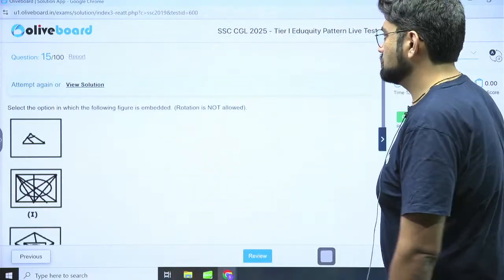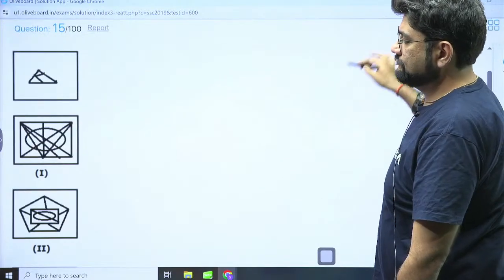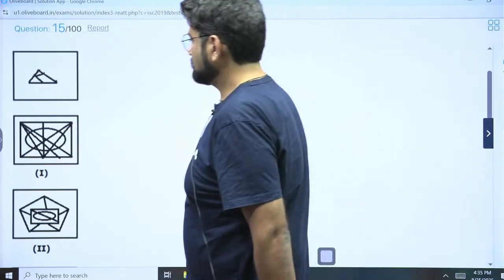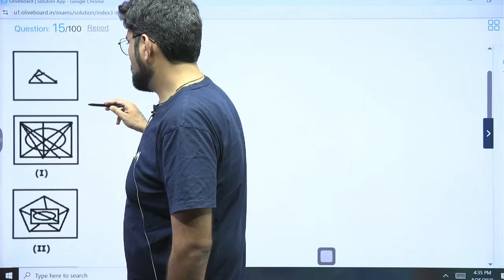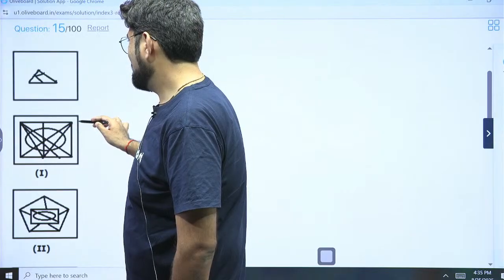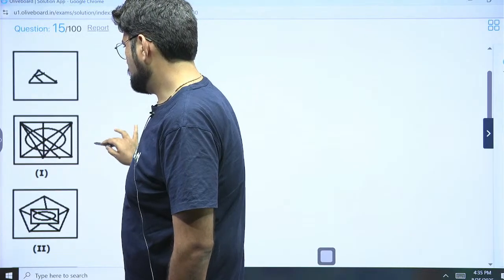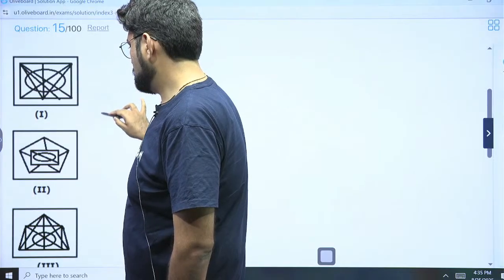Okay. Following figure is embedded. Where is it embedded? See, a little triangle is being formed with this. Can you see it? Not in the first figure, not in the second figure.